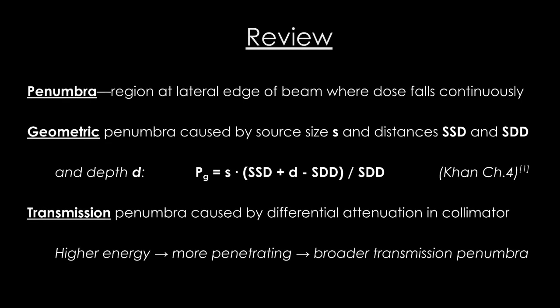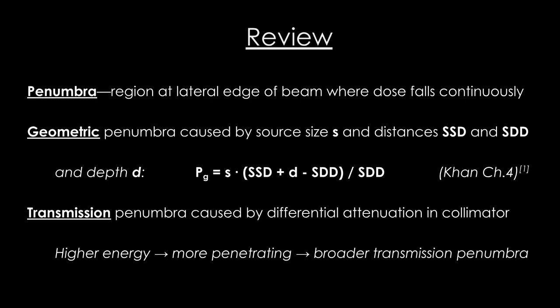Now let's review what we've learned. The penumbra is the region at the lateral edge of the beam where dose falls off continuously. And two big contributors to this effect are the geometric penumbra and the transmission penumbra. In geometric penumbra, the relevant parameters are source size, source to surface distance, or SSD, and source to diaphragm, or collimator distance, SDD.